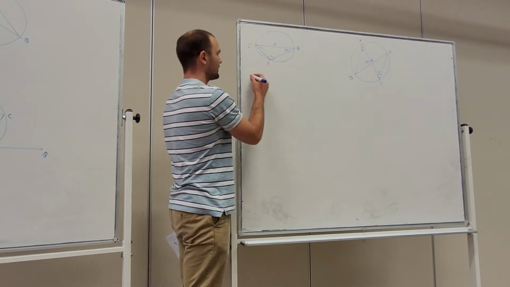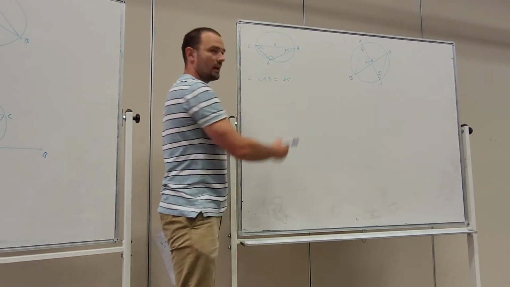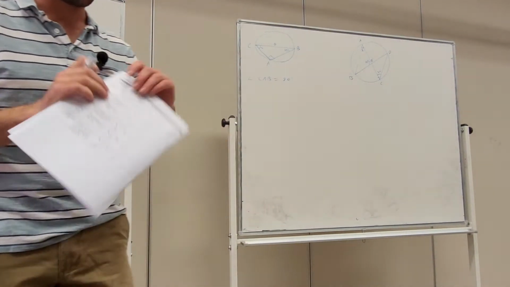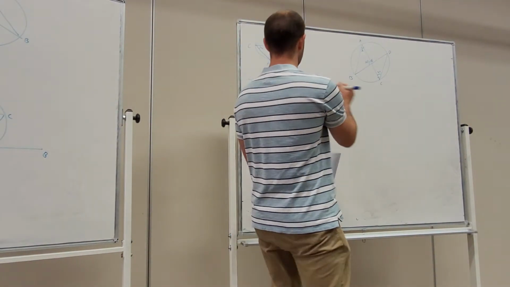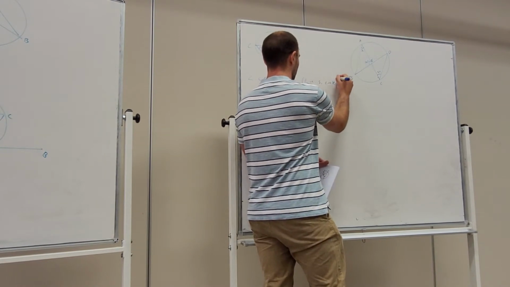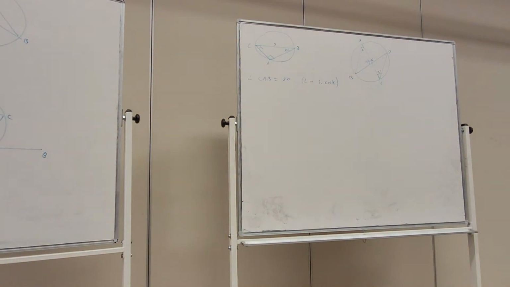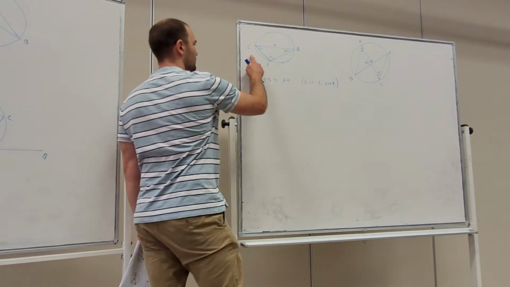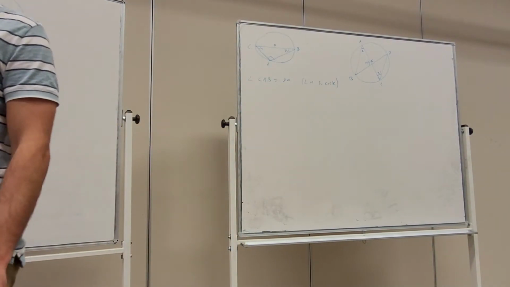So we're going to say angle CAB equals 90. And that's because, what's our notation? Angle in semicircle. All right, so it doesn't matter where point A is located around that curve, it's always going to be 90 degrees.